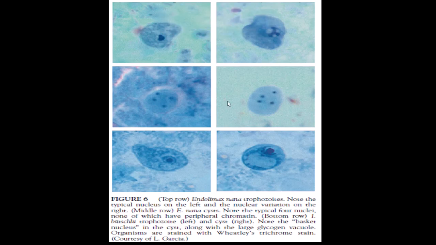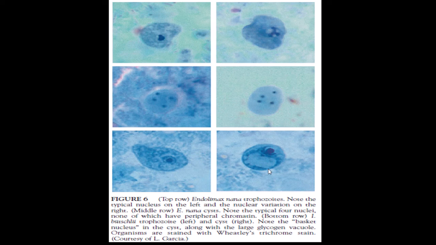For example, this slide shows some of the non-pathogens, like the Endolimax nana, and you can see the shape of the nuclei, and here the vacuole that they are having.